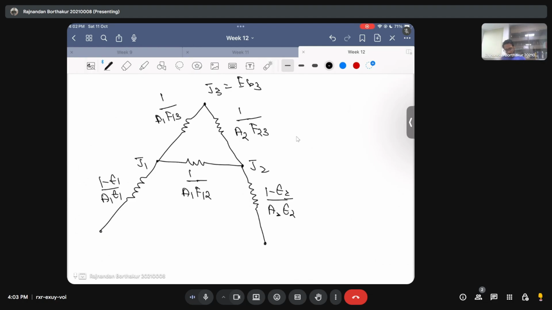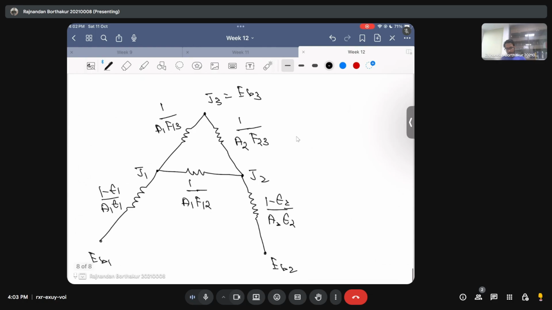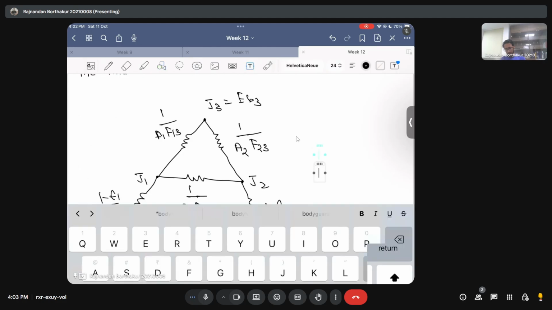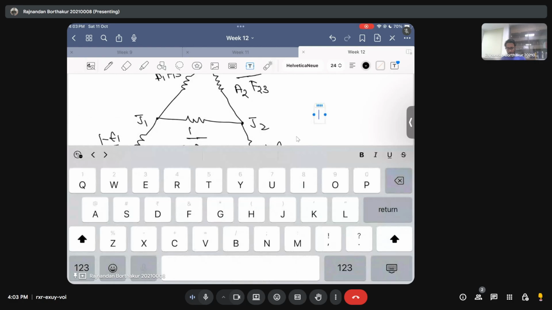Which means this node is now going to be EB2, the emissive power node of the absorber, and this is going to be EB1, the emissive power node of the heater. So this is precisely what the radiation network looks like for the three zone enclosure problem. So this is the radiation network.